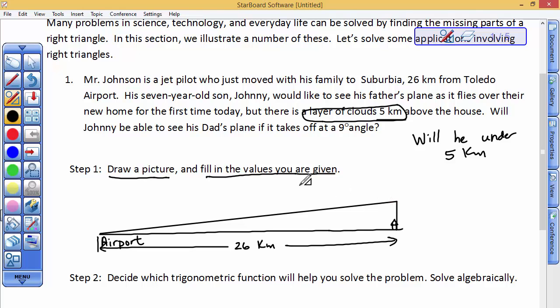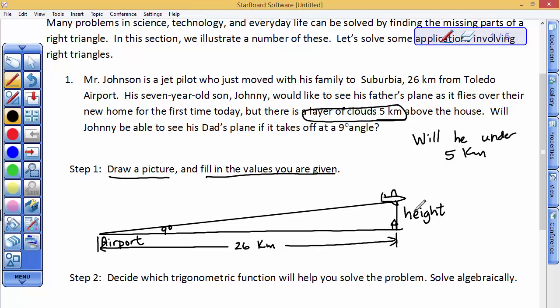So we're going to put 9 degrees right here as the takeoff. As a car would travel, they are 26 kilometers away, and we want to know the height of where the plane would be. This is going to be my version of the plane. What would its height be if it ascends at a 9-degree angle and it's 26 kilometers horizontally away? So with regards to this angle, I want to find that.